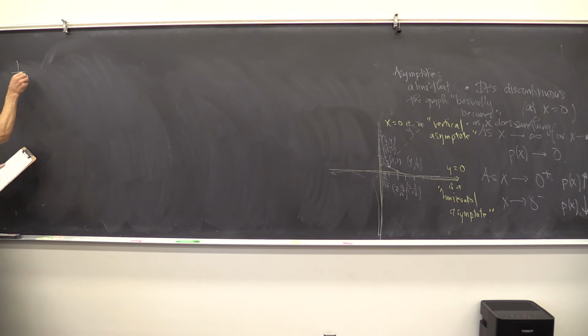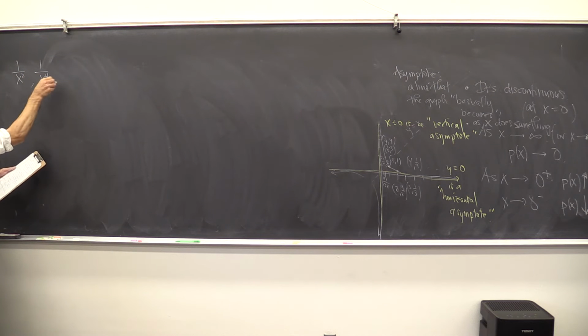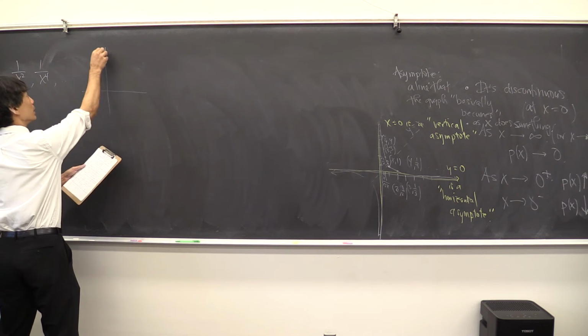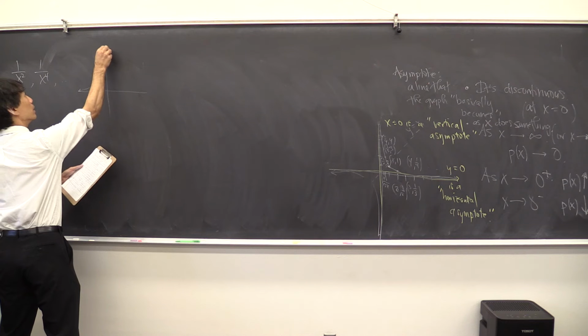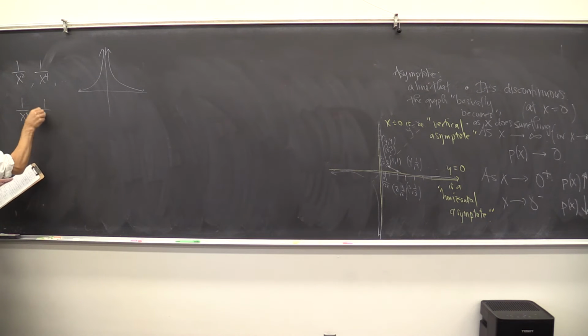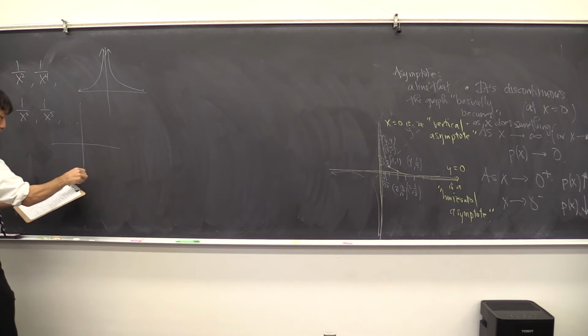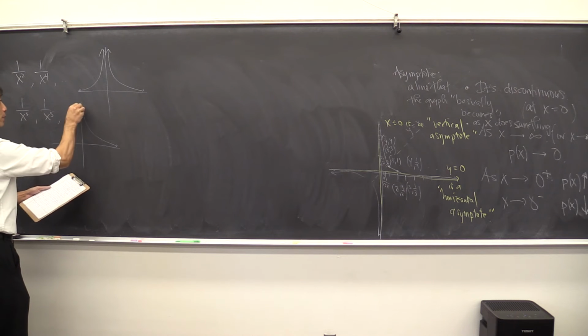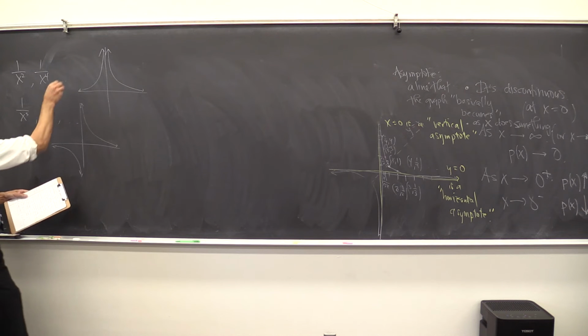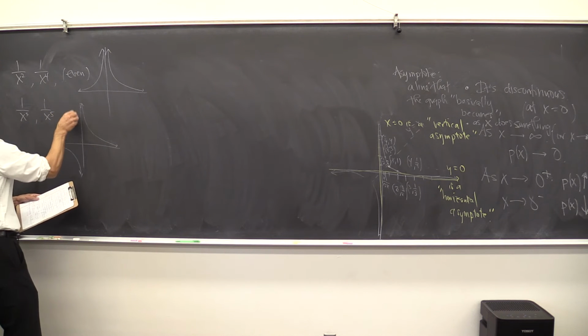So if you have something like 1 over x squared, 1 over x to the 4th, et cetera, it looks something like this. And then for the odd guys, 1 over x cubed, 1 over x to the 5th, et cetera, it looks basically kind of like 1 over x. So just to give you some rough sense of those guys. These are the even guys, and these are the odd guys.